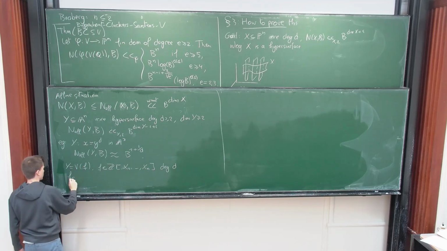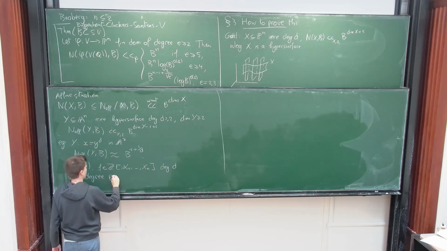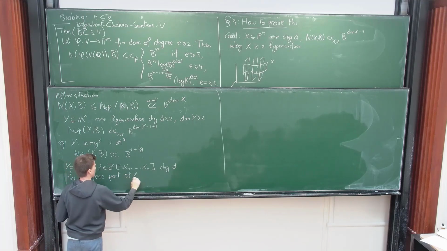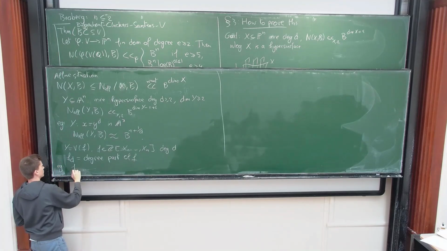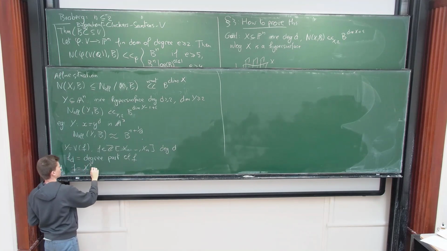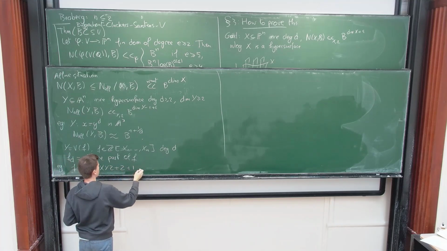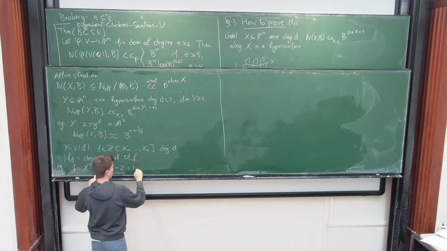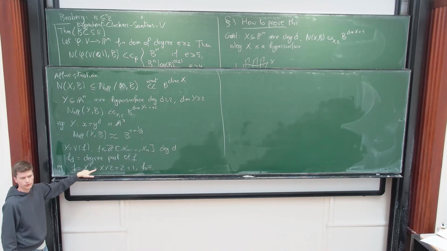And I'll denote by f_d the degree d part of f. So what is this? For example, if f is maybe x cubed plus xyz plus z plus 1, this is of degree 3. Then f_3 is just you collect all degree 3 terms here.